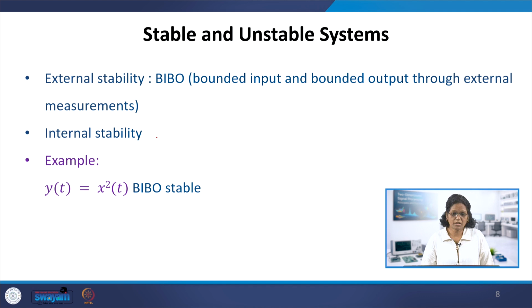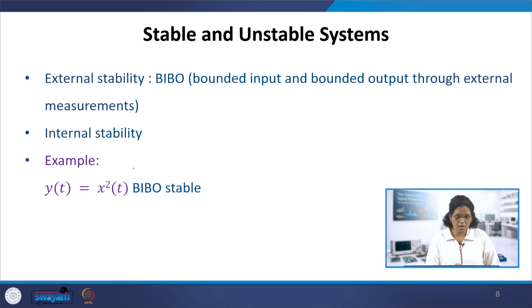Whereas internal stability, if the poles are lying on the left half of the S plane, definitely that system is going to be stable. It also implies the external stability. If the system is internally stable or asymptotically stable, then it would also assure the external stability, but the other way is not true.